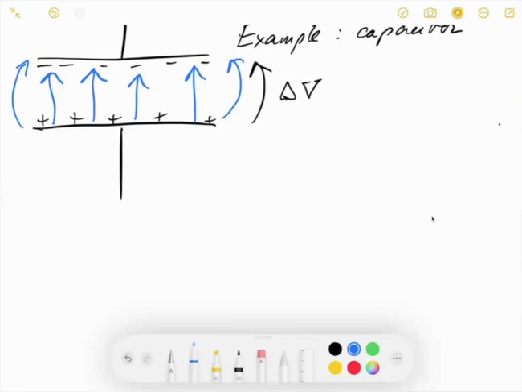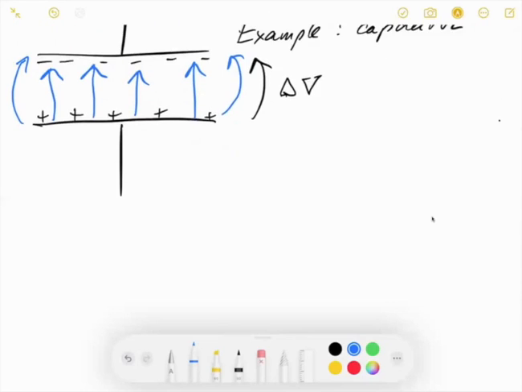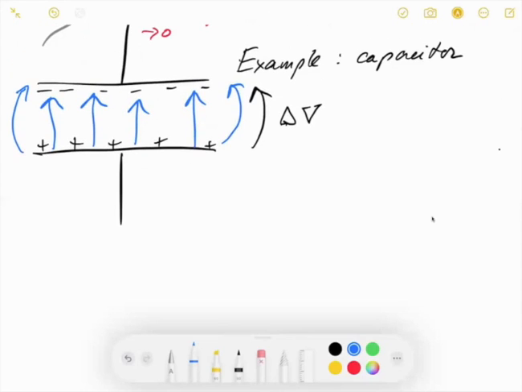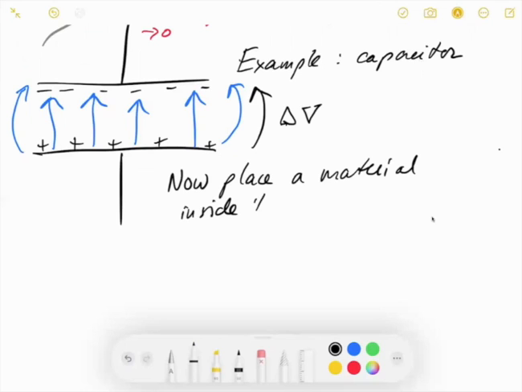Okay, so now your mission is the following. We're going to modify this, and we're going to put a material inside. So we'll now place a material inside the capacitor.